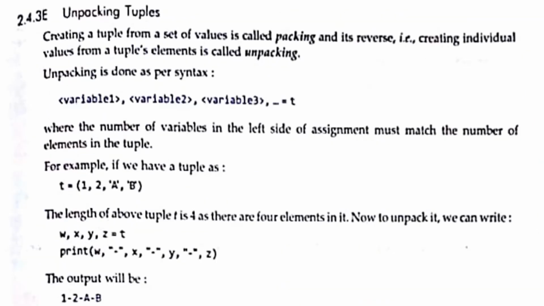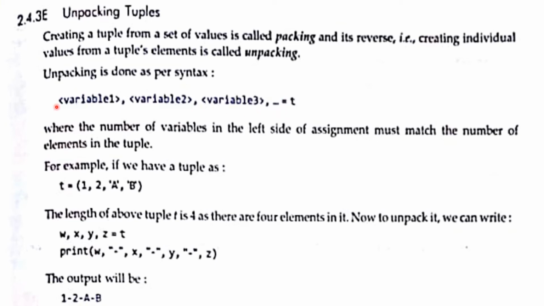Next comes unpacking tuples. Creating a tuple from a set of values is called packing and its reverse is called unpacking. So here, creating individual values from a tuple's elements is called unpacking. What we have to do here is have the equal number of variables on the left hand side.